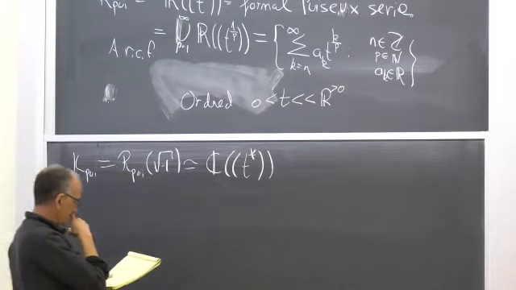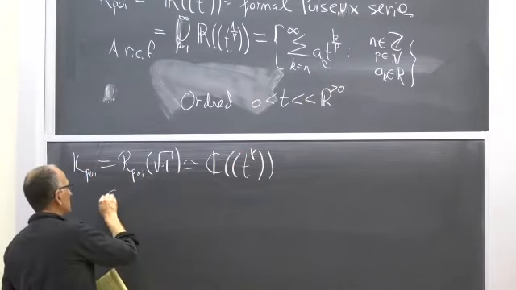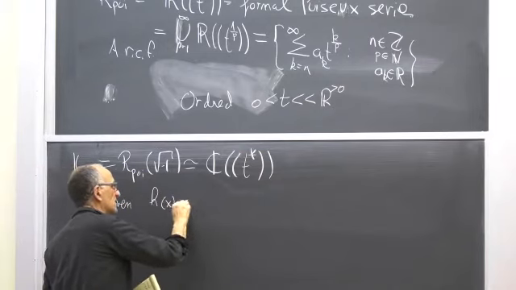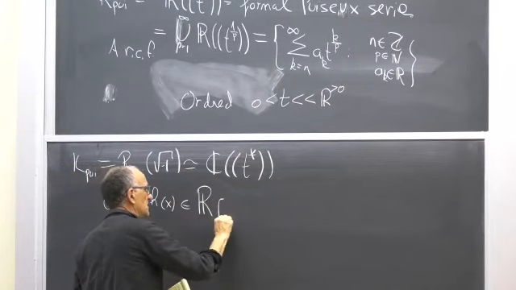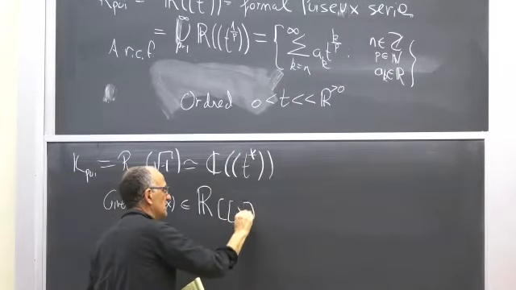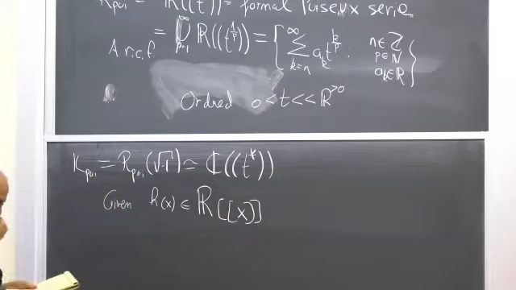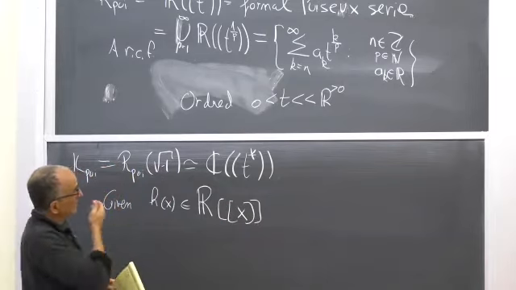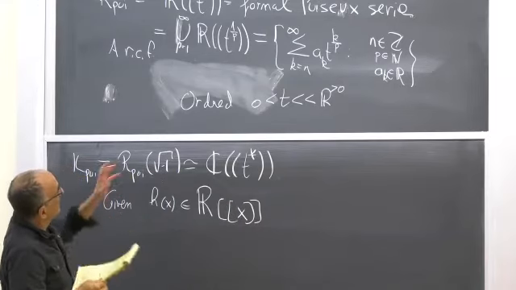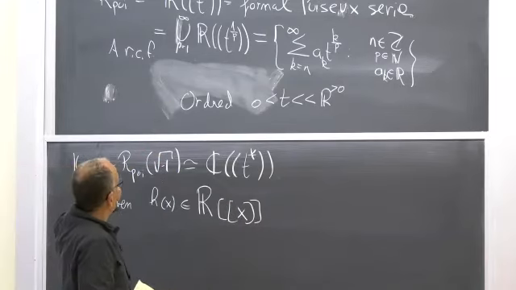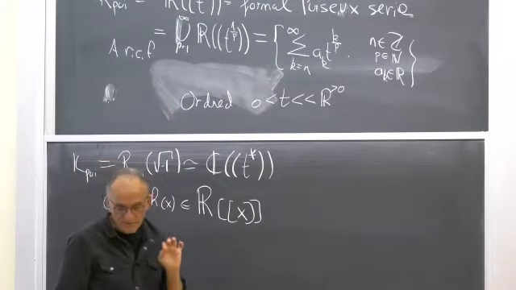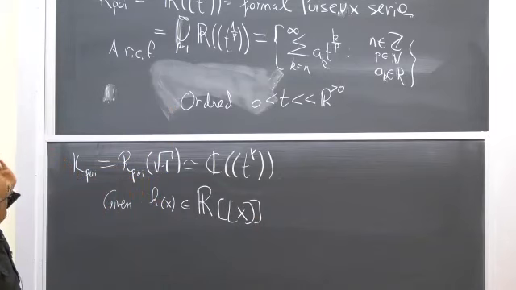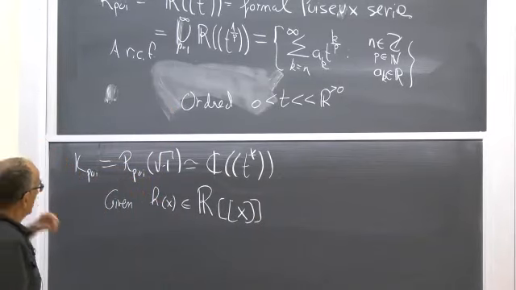Given any formal series h, I'll restrict to that. As I said last time, in a similar setting, I noted that formal series are well defined on the elements of the valued field whose valuation is bigger than 0.